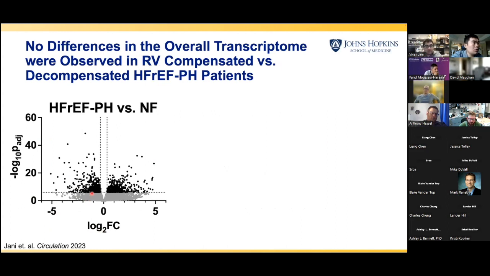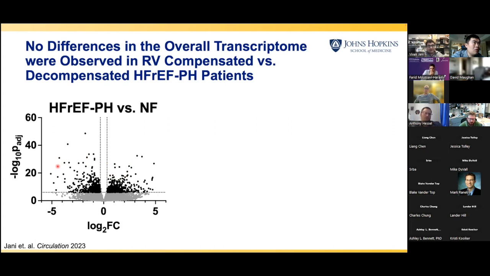And we found 933 differentially expressed genes between HFrEF and non-failing controls. And again, this is nothing new because people have shown several large changes in gene transcription overall in heart failure. What we found when we looked at pathway analysis was upregulations in striated muscle differentiation and sarcomere cytoskeletal pathways, and downregulations in metabolic pathways, all consistent with what's been published previously. So this is a sanity check for us that the RNA-seq data makes sense.